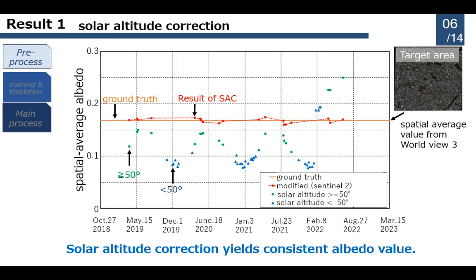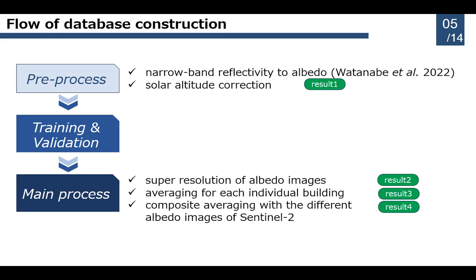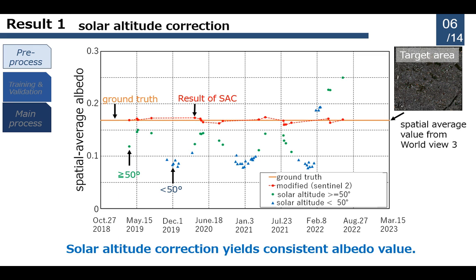After training and validation of the model, in the main process, first we predict the super resolution albedo image. Second, we average it for each individual building to extract the rooftop albedos. Finally, we composite-average with other albedo images taken at different dates to increase the accuracy. I'm going to show you these four results first.